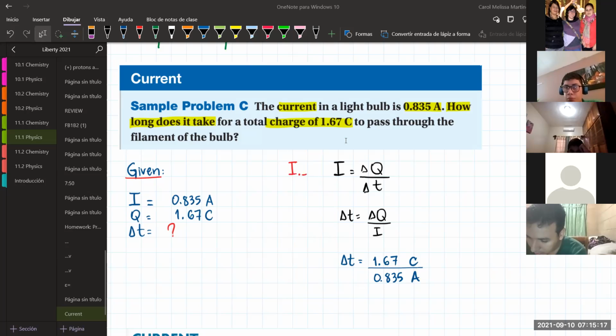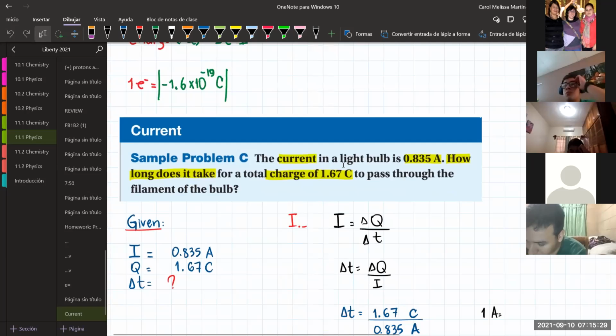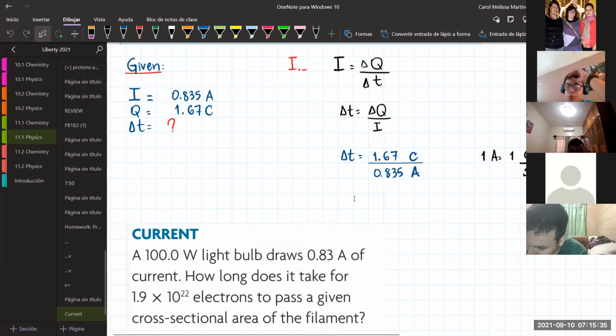But as a reminder, what does 1 ampere mean? 1 ampere, as I told you above, is equal to 1 coulomb per second. So, if we have amperes, it is the same as we have coulombs per second.